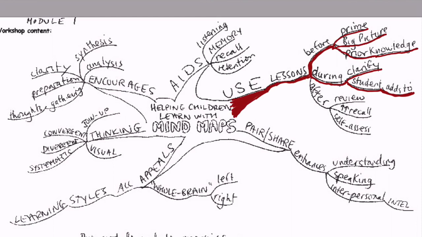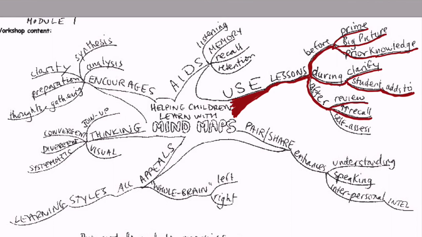And finally, a mind map can be used after the lesson to review and recall the main features of the lecture or lesson, and can actually be used for the students themselves to self-assess their own learning.